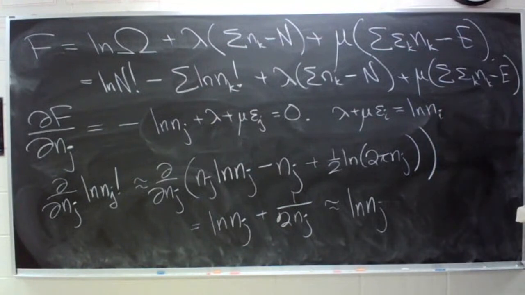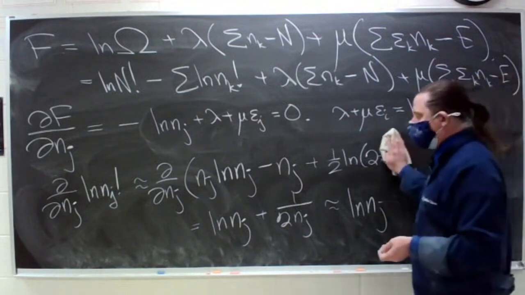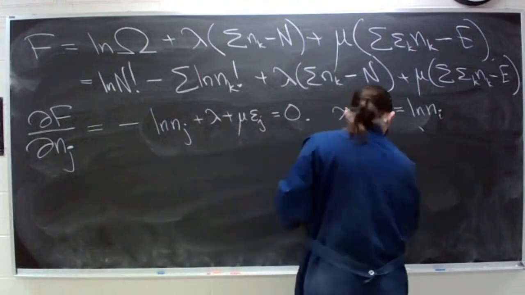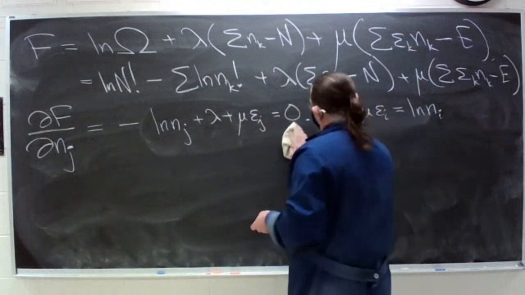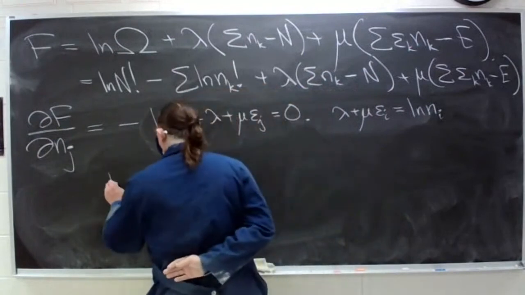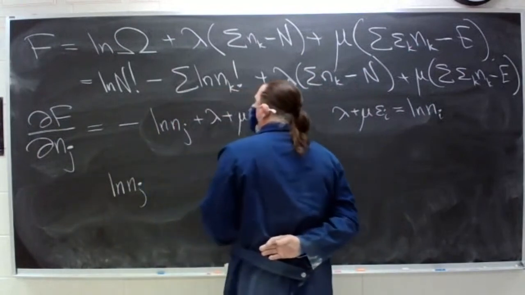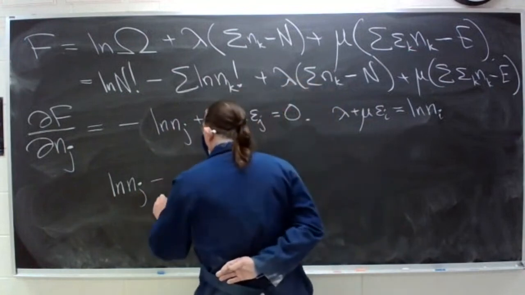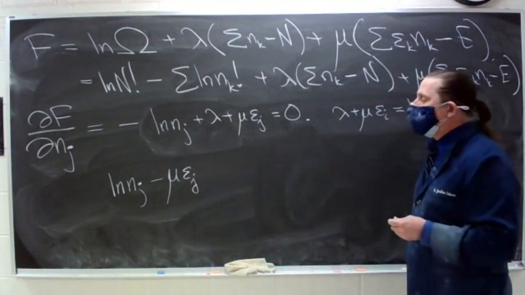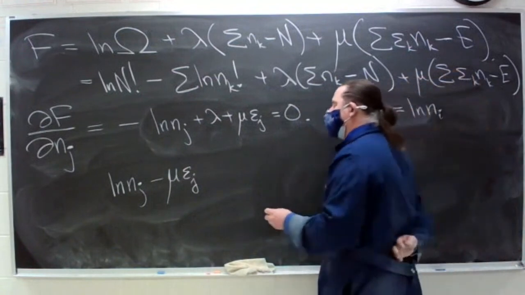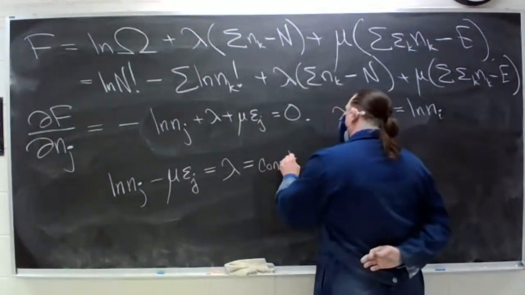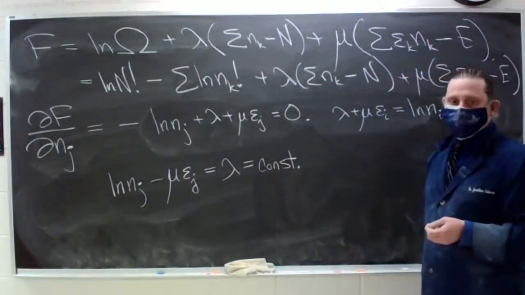Or if I wanted to, I could write it like this: log of nj minus mu epsilon j is constant.